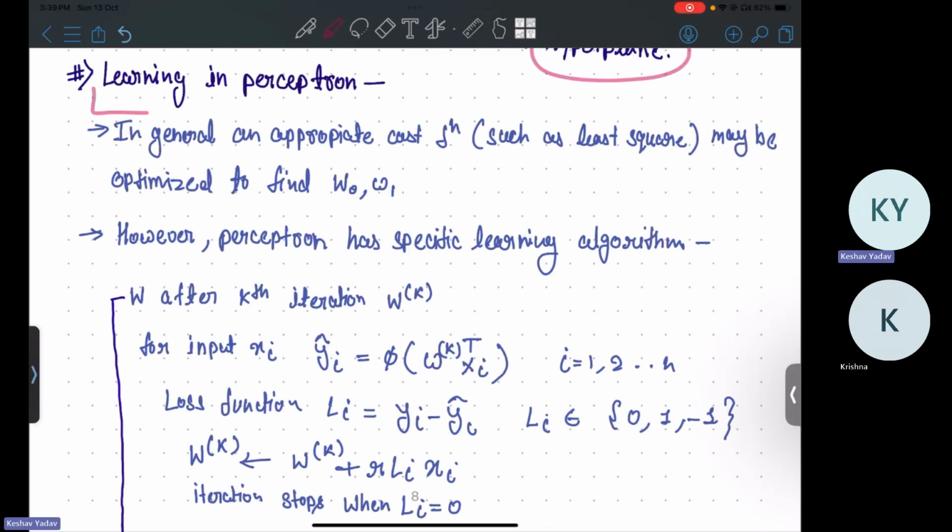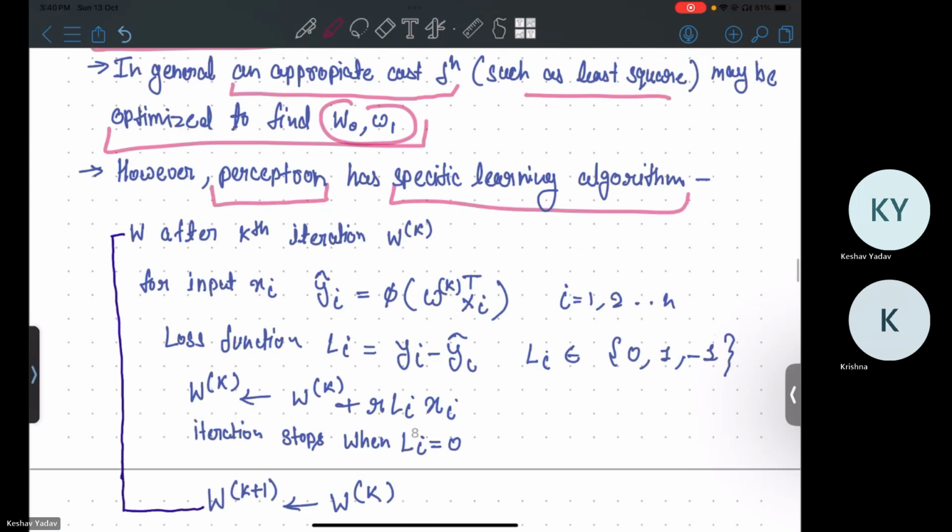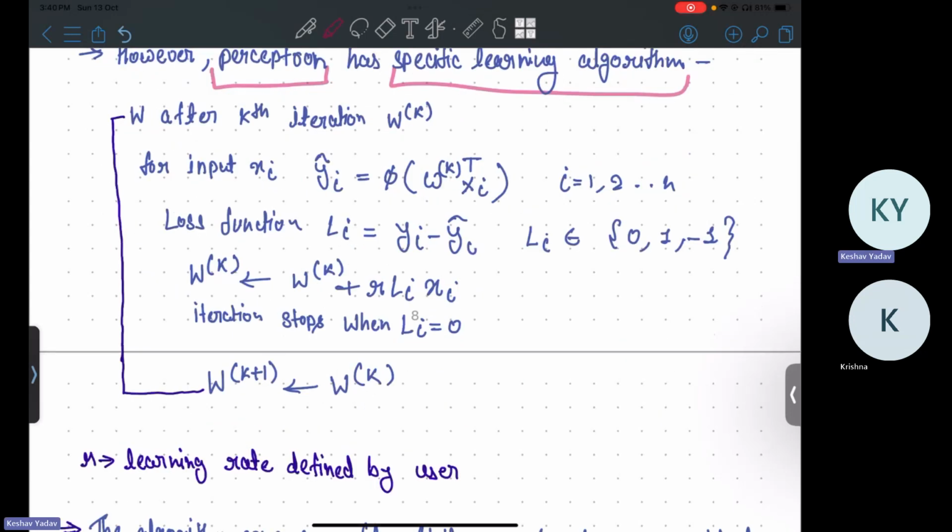Now let us see the learning in the perceptron. In general, any appropriate cost function such as least squares may be used to optimize and find W0 and W1. In general, any function can be used. However, in the perceptron, a specific learning algorithm is used. What is the algorithm? Suppose we have found W after the kth iteration.